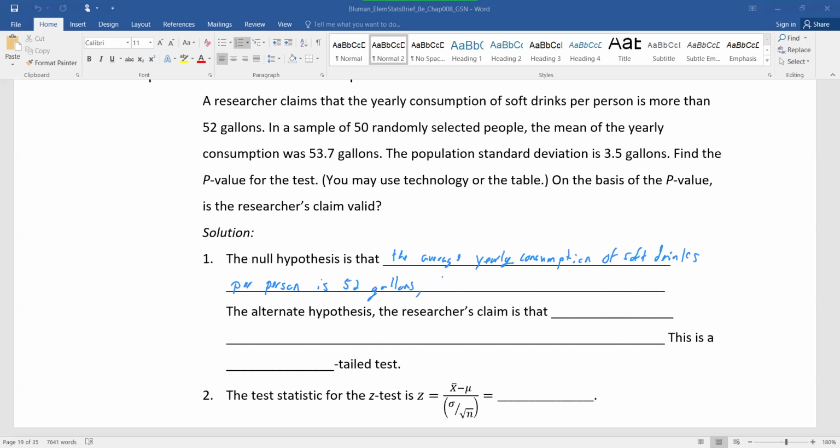And we will denote it as such. Okay, so remember, null is always going to be equal. So now, what would the alternative hypothesis be, which is the researcher's claim?